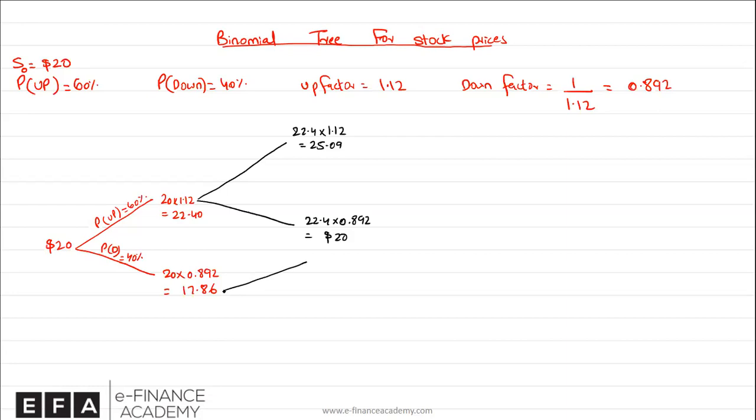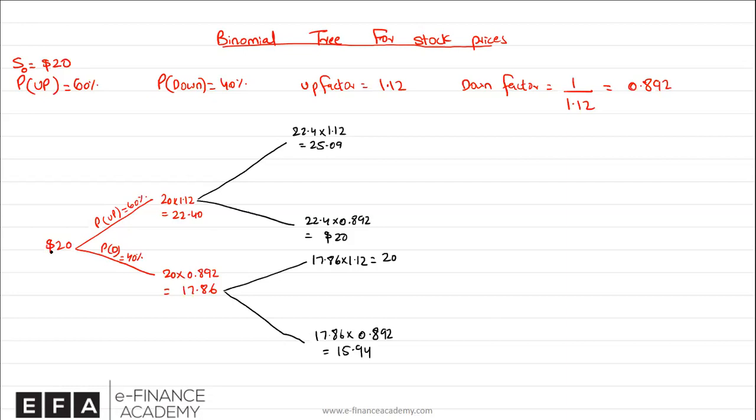Again, from the lower node it could go up or go down. If it goes up, it's 17.86 compounded at 1.12, and you get $20. So you have a common stock price here, right? Or it could come down further, which is 17.86 times 0.892, the down factor, and that gives us 15.94.